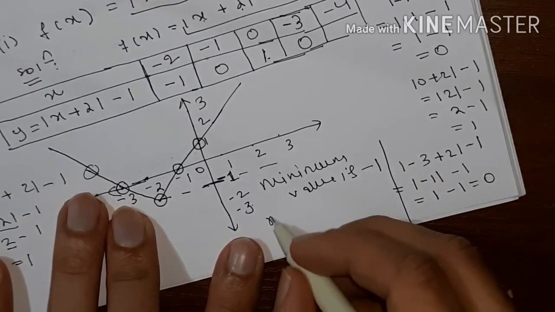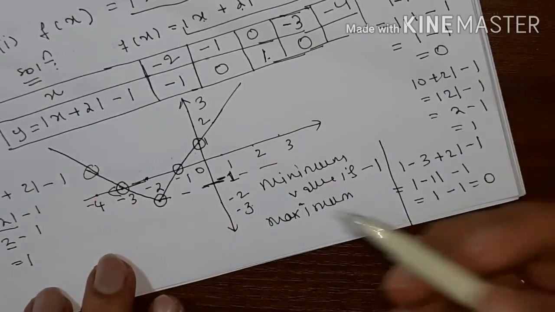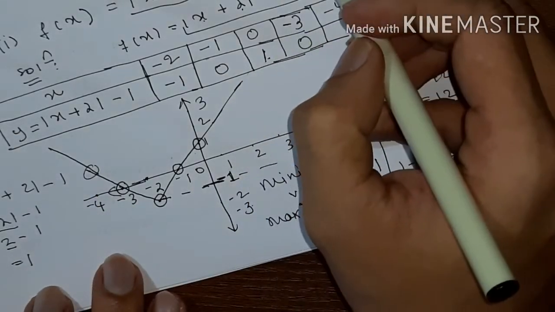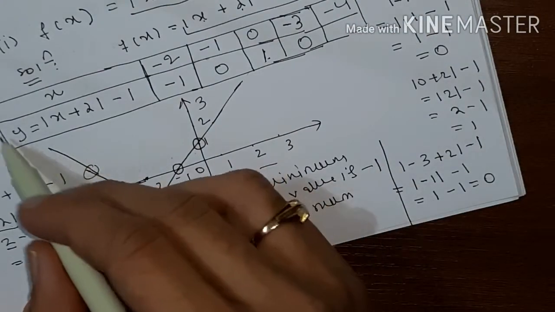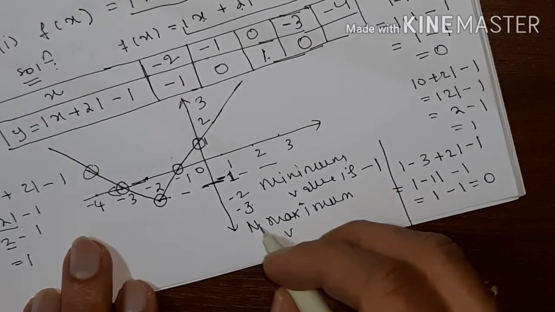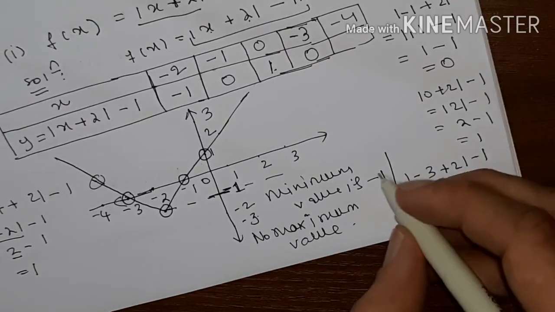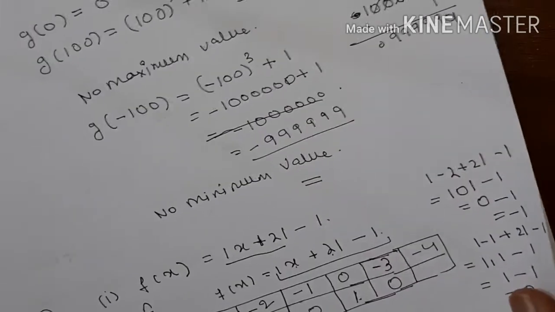Okay, and the maximum value is what? No maximum value, because the graph keeps on increasing here and here also, on the left hand side. So no maximum value. Okay, so that is how we have to solve these problems, right?